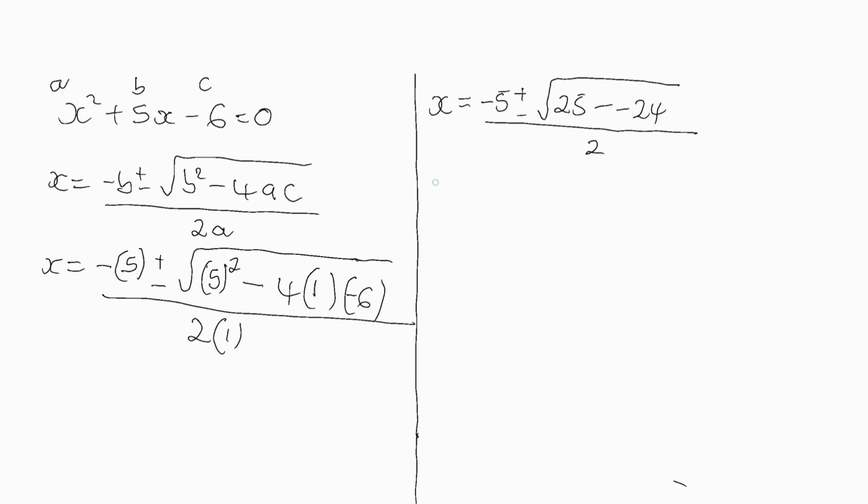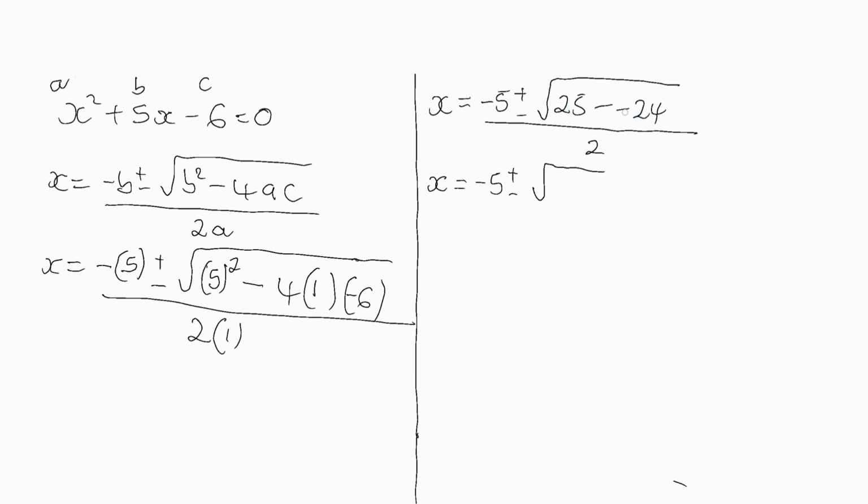Let us continue. x is equal to -5 plus or minus the square root of 25 minus -24, all over 2. 25 minus -24 is the same as 25 plus 24.